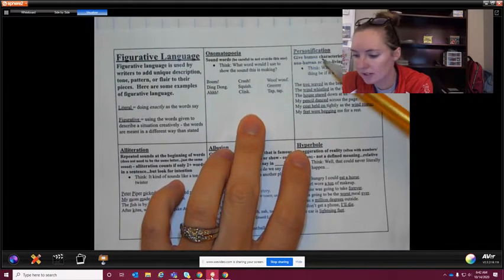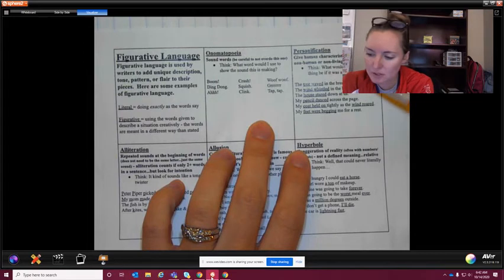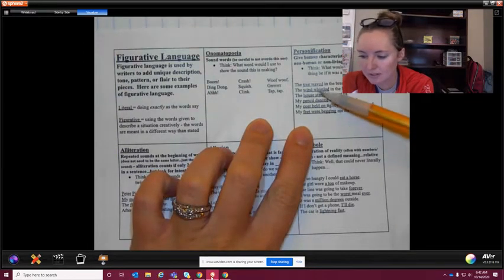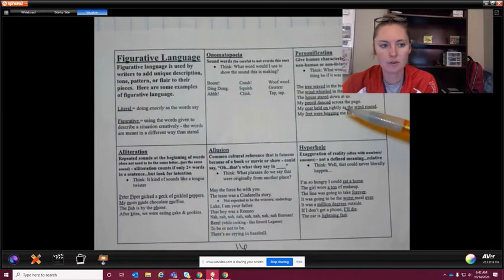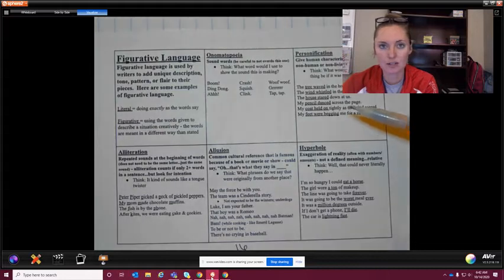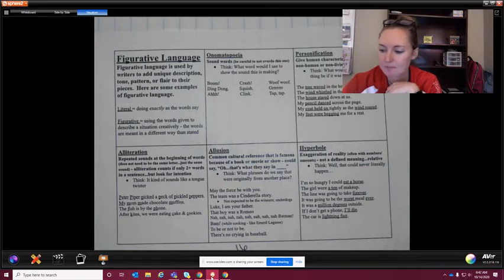Okay, personification is when you give human characteristics to a non-human or a non-living thing. So looking at some of these examples down here, it says the tree waved in the breeze. So that's a figurative way of saying that the tree is swaying in the breeze because of the wind. It waved in the breeze there, not actually waving, but it's just figurative language.